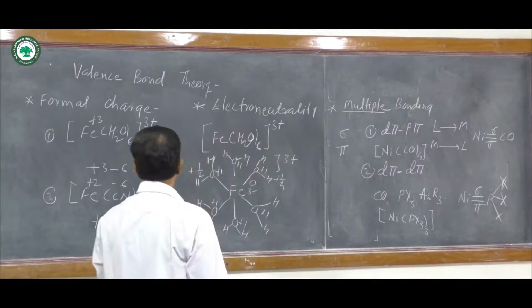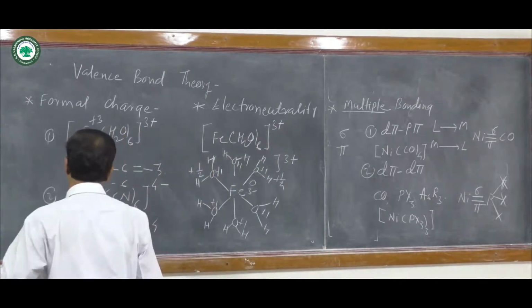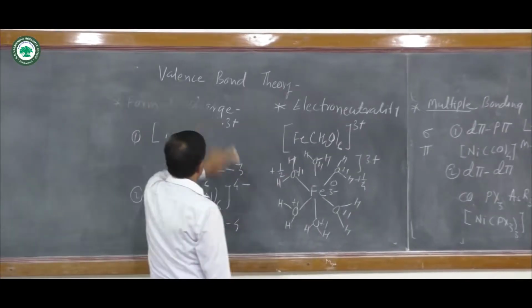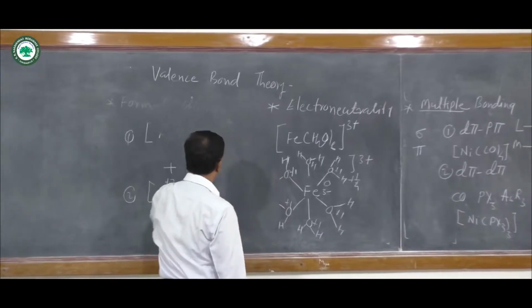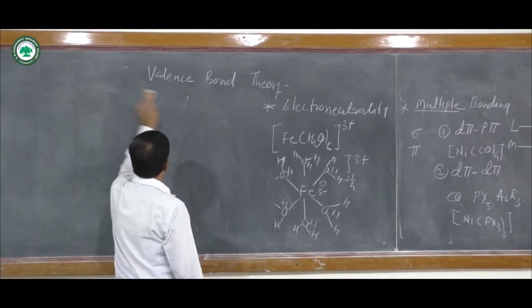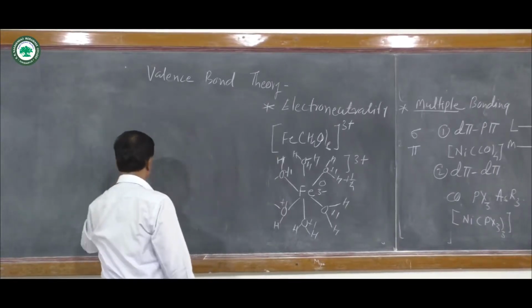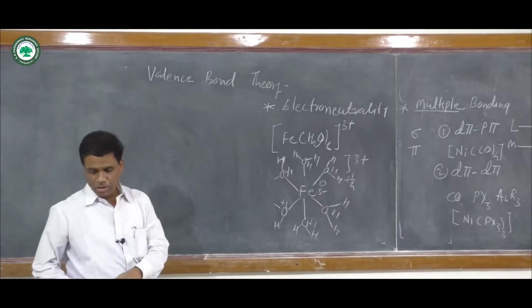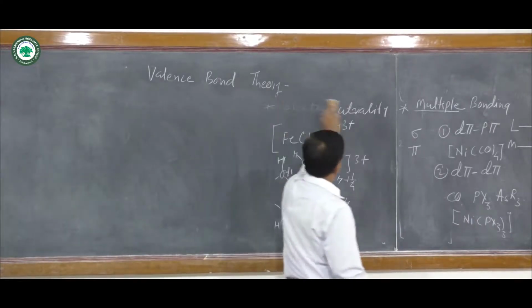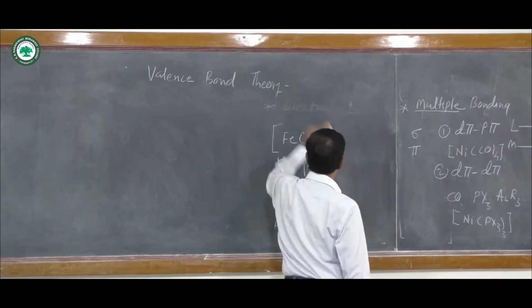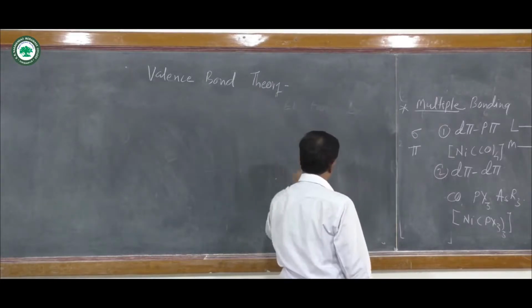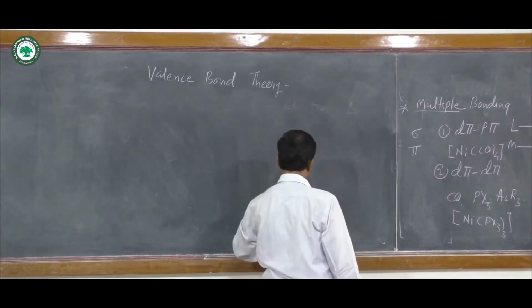Then the last point for valence bond theory is, what are the limitations or disadvantages of VBT, valence bond theory?